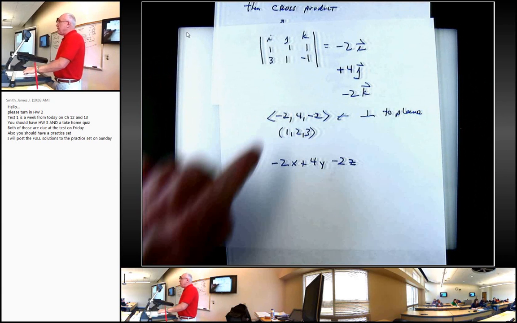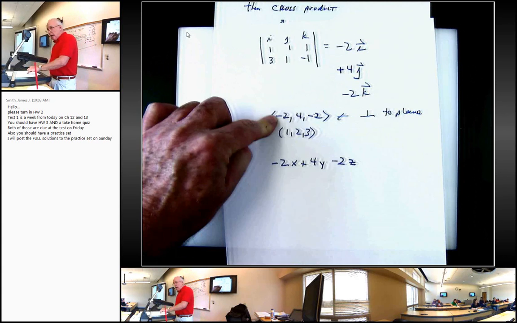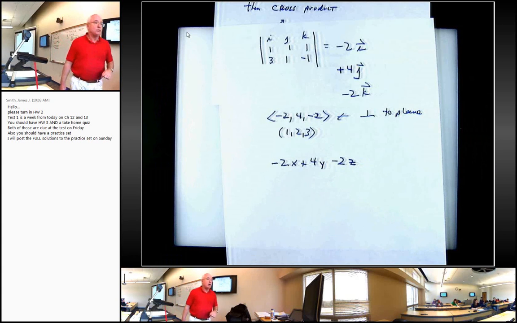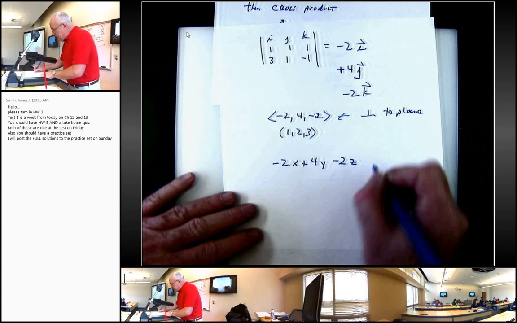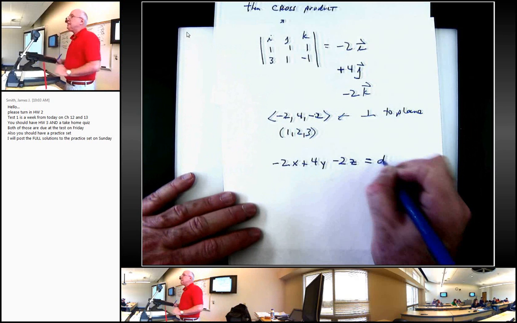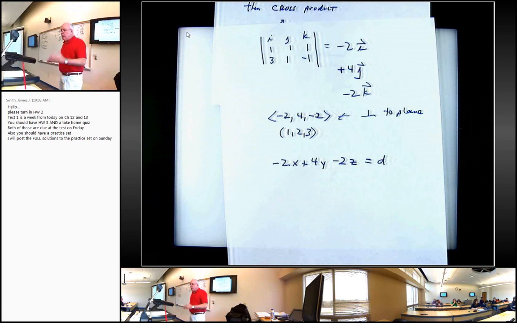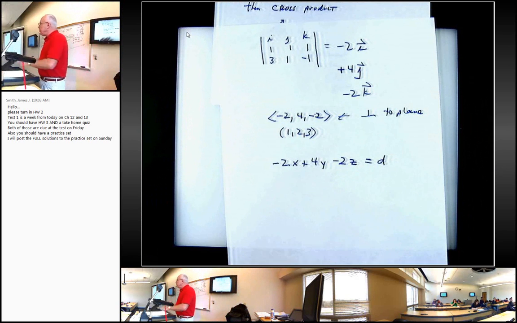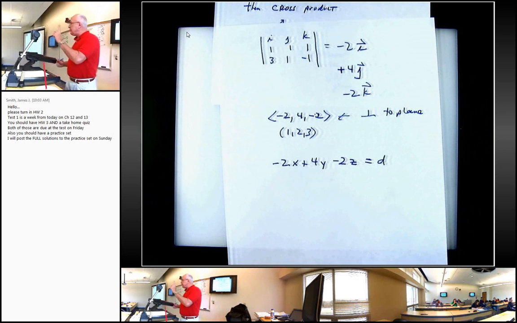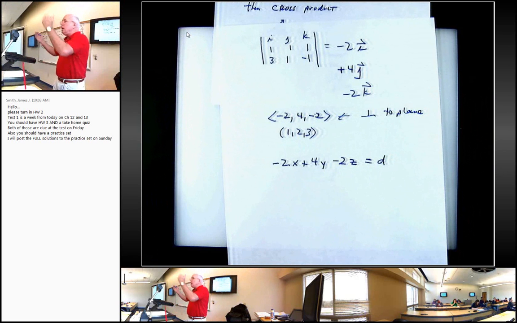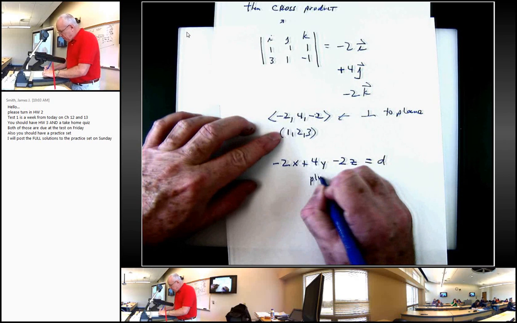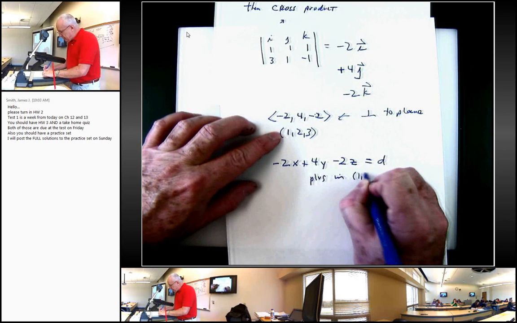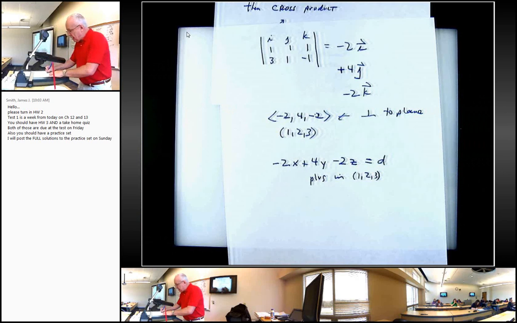This is my orthogonal vector to the plane. I can get my coefficients of x, y, and z right off the bat. Now this is equal to some number d. Well, I can figure out what my number d is by plugging in a single point on the plane. So let's plug in 1, 2, and 3, and solve for d.